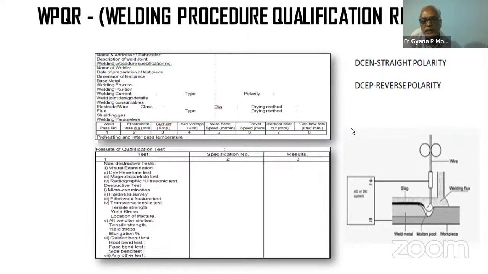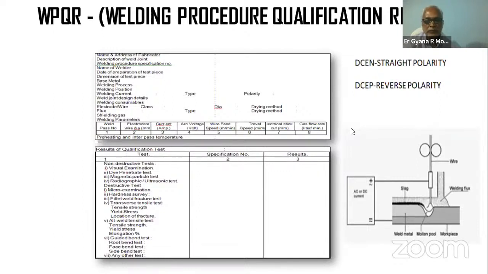If it is connected the other way, you don't achieve the right kind of weld bead. So when we do the welding, we have to mention whether we get the right weld bead by connecting the welding rod electrode to the negative terminal of the power source or the positive terminal. So it is mentioned as DCEN or DCEP.